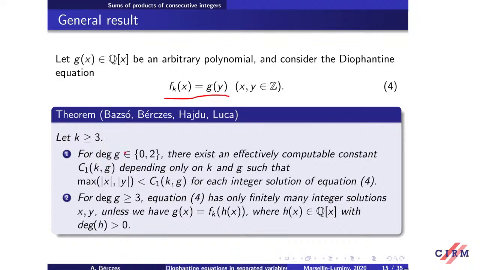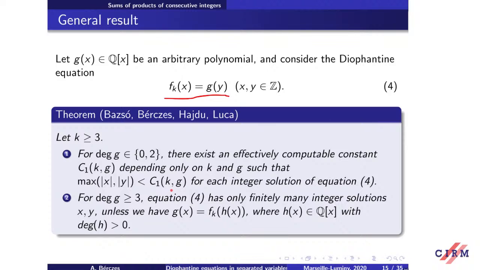Then in the case when the degree of the polynomial g is 0 or 2, there exists an effectively computable constant depending only on this index k and the polynomial g, such that the maximum absolute value of the integer solutions of equation 4 is bounded by this constant.